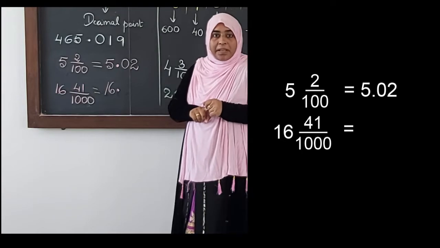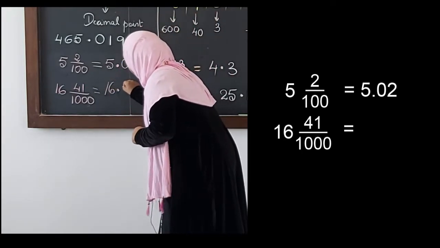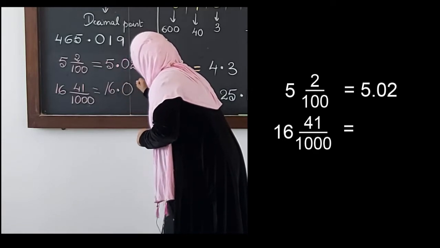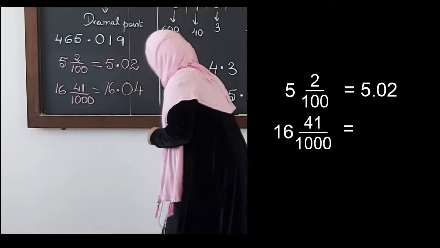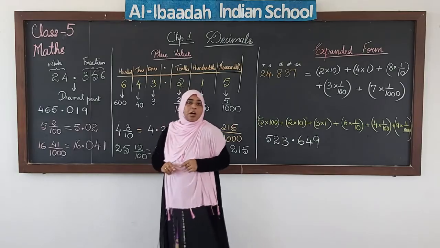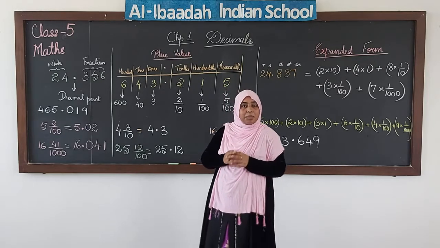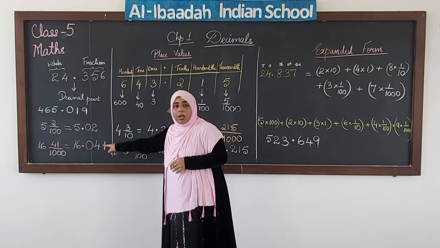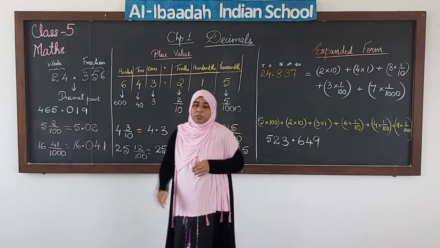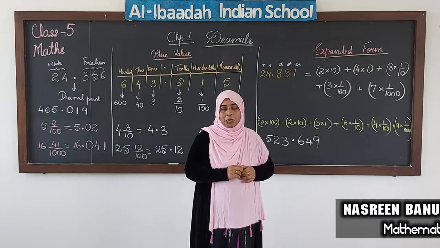So that means the 10th place will be 0, in the 100th place I will write 4 and in the 1000th place I will write 1. This is how we write the mixed fraction. In case any digit is missing, we have to put a 0 and continue the other places with the digits that we have. I hope you have understood all that we have discussed today.